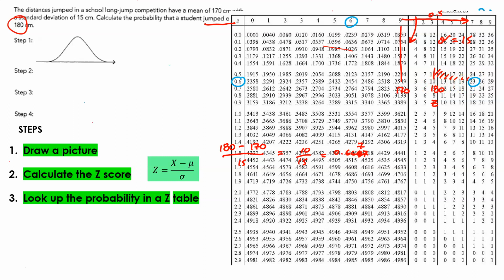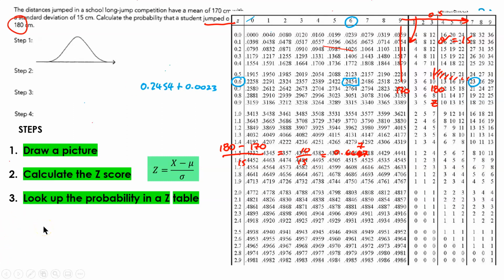So what we end up getting is 0.2454, which is that part, plus this 23, which is 0.0023, because we're using 3 decimal places.